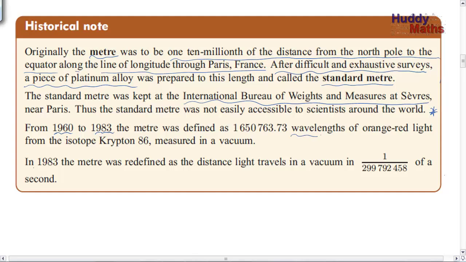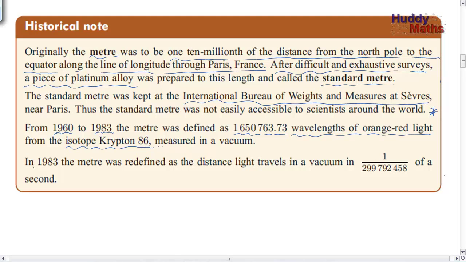That was the wavelength of orange-red light from the isotope Krypton-86, and it was defined as many, many wavelengths of that. The idea being that no one could destroy that, and it would be lost to everybody if they did.